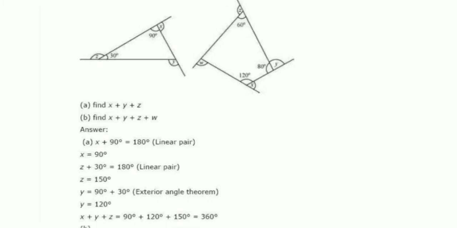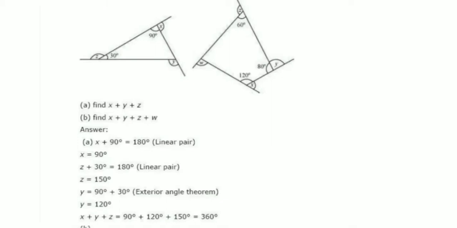So we can write x plus 90 is equal to 180 degree. So x is equal to 90 degree. Same as z plus 30 is equal to 180 degree. So z is equal to 180 minus 30. It is 150 degree. And the last one is not given.